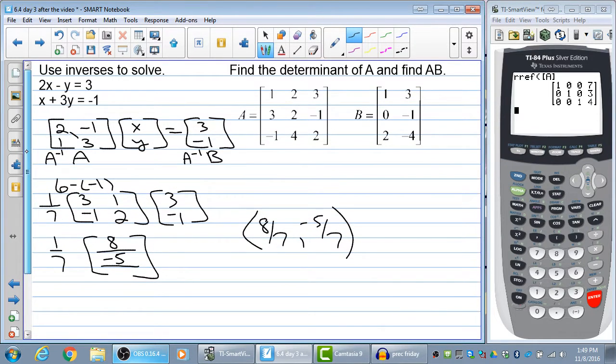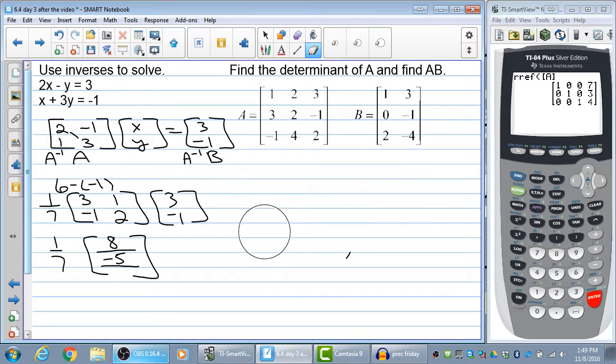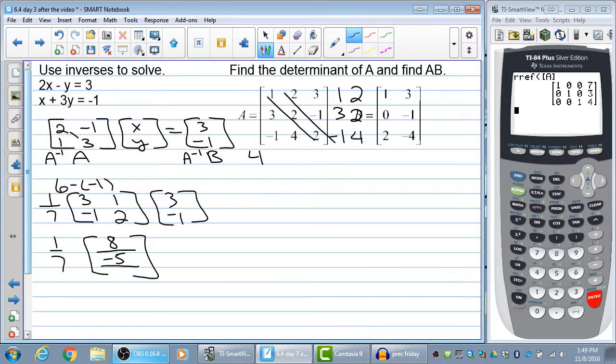What's that over there? Find the determinant of A and find AB. I'm going to erase this because I infringed on that little area, that airspace. Find the determinant of A. So we have to repeat column 1 and 2. 1, 3, negative 1, and then 2, 2, 4. This is plus now.